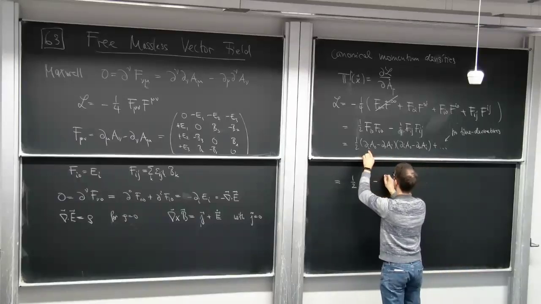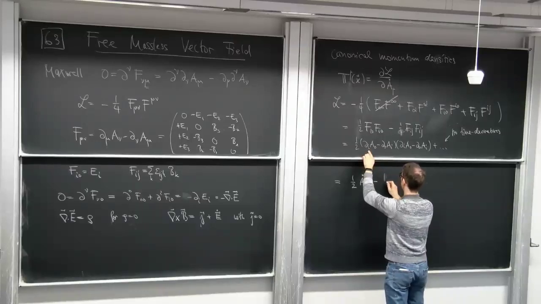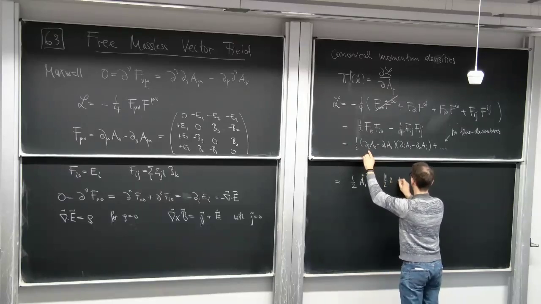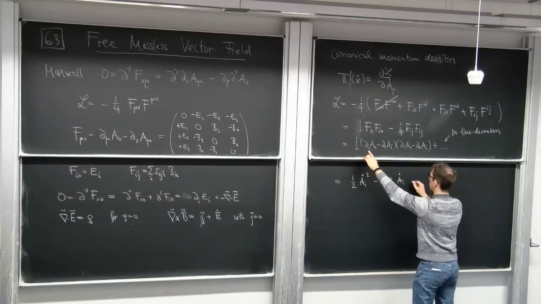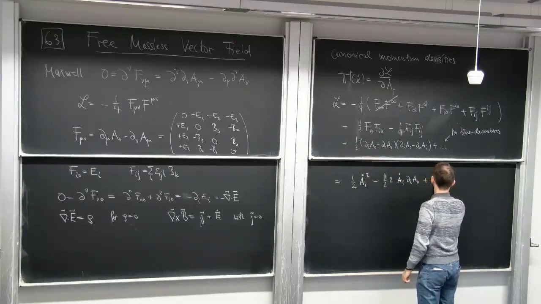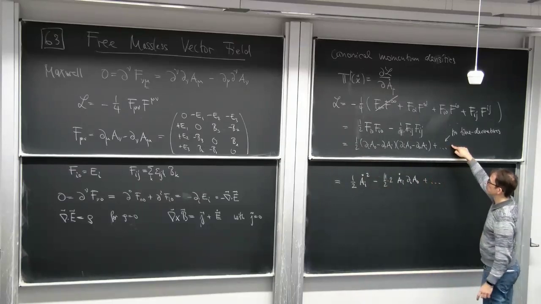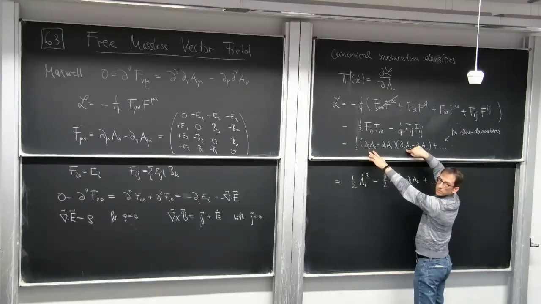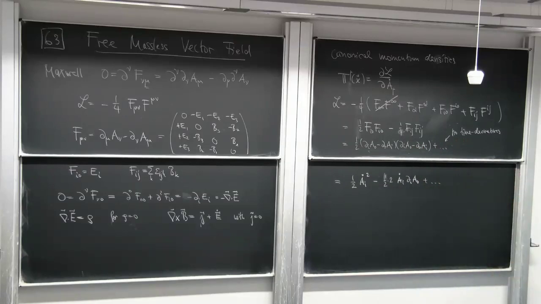This is minus 1/2 times 2. Sorry, 1/2 times 2, Ai dot times di A0. And then plus other stuff. It's the same as here, plus one more term. So there's all my time derivatives.